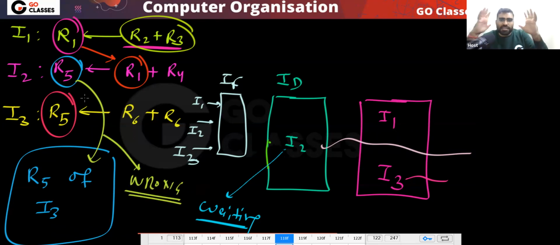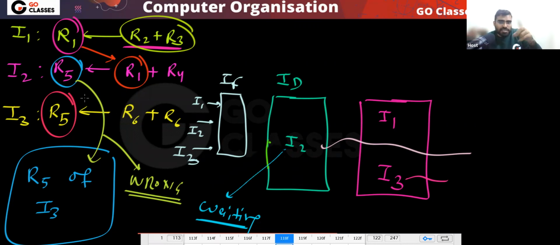Now is everything clear in your mind, when RAW will create a problem, when WAW will create a problem, when WAR will create a problem? In your simple pipeline, where instructions are going one after another, WAW and WAR can never create a problem.